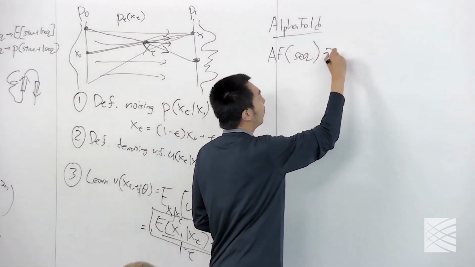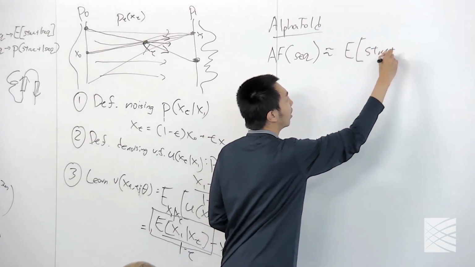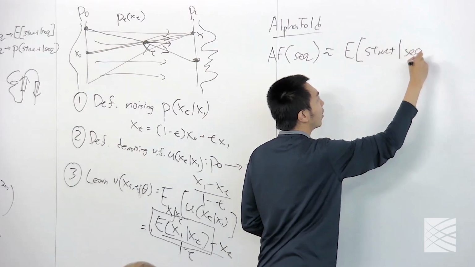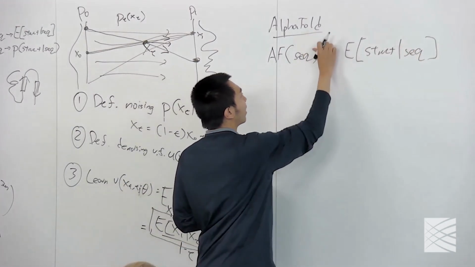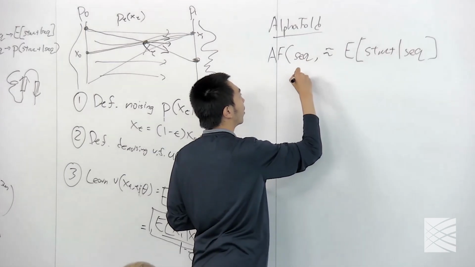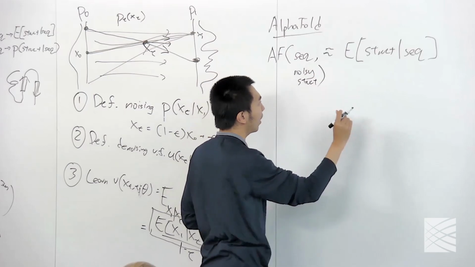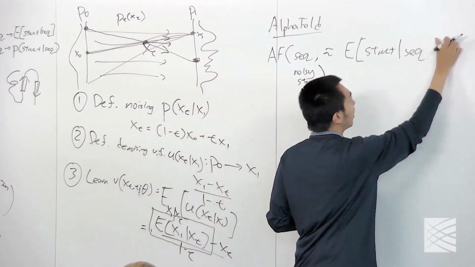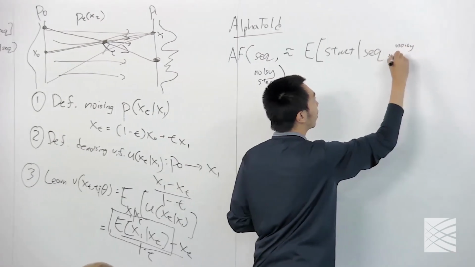And it's roughly predicting, as we said earlier, the expectation of the structure given that sequence. And now we just need to modify AlphaFold to also take as input the noisy structure, so that the prediction is now the expectation of the structure given the sequence and the noisy structure.